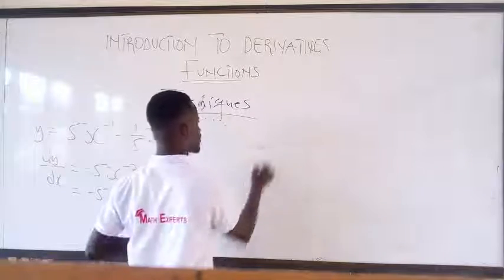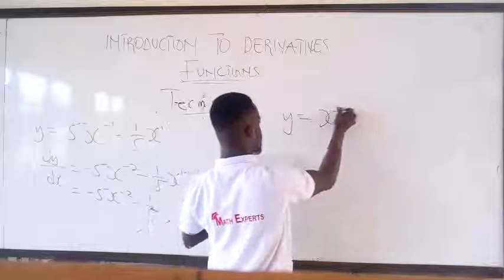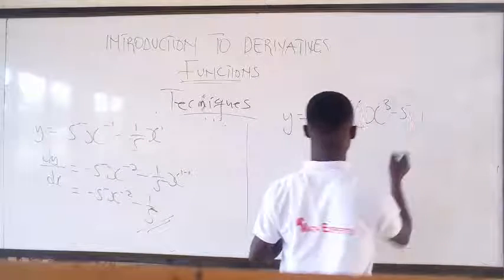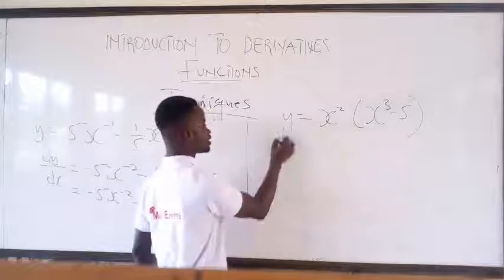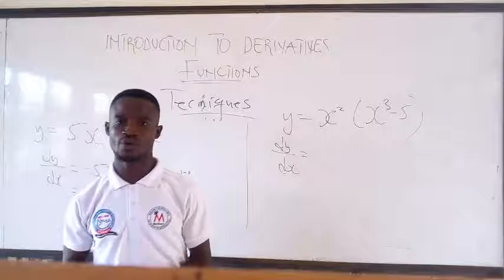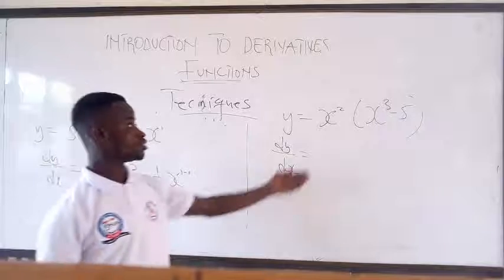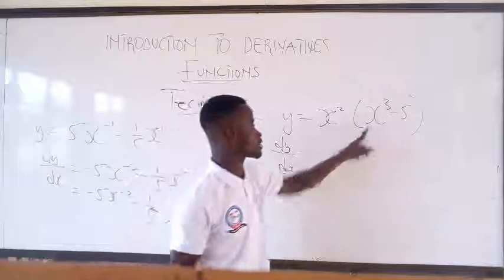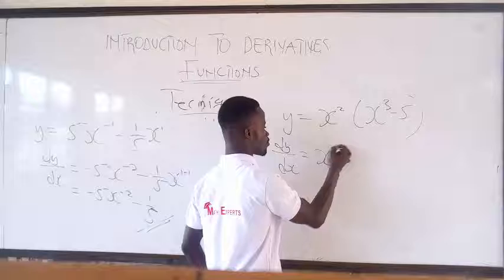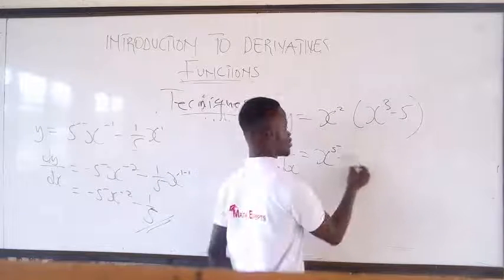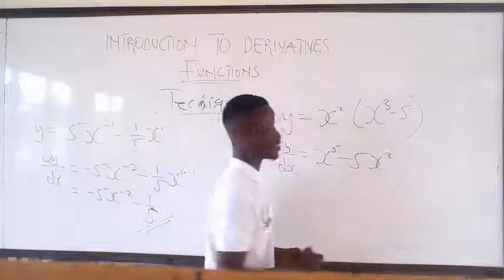You can also get a question like y is equal to x squared times x to the power 3 minus 5. Then you have to find the dy/dx of this question. You can expand and simplify it, okay? So this times this, you get what? x to the power 5 minus this times this, you get what? 5x squared.